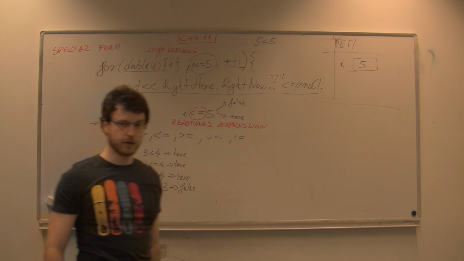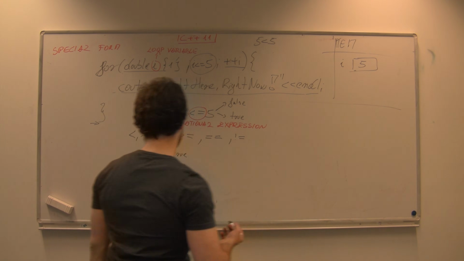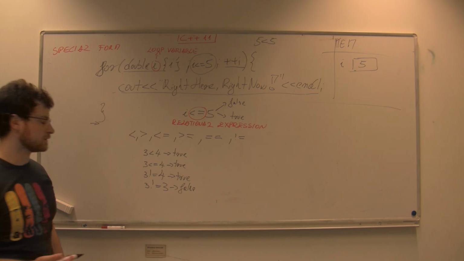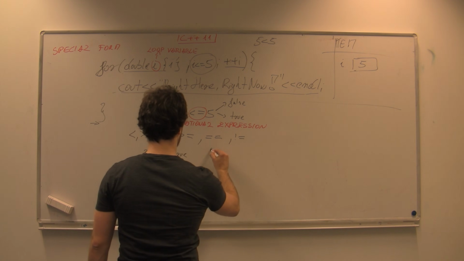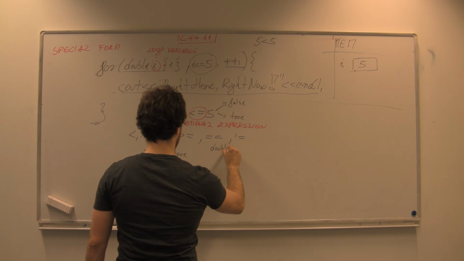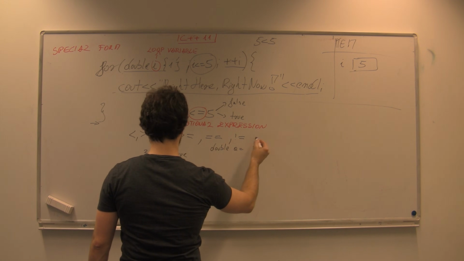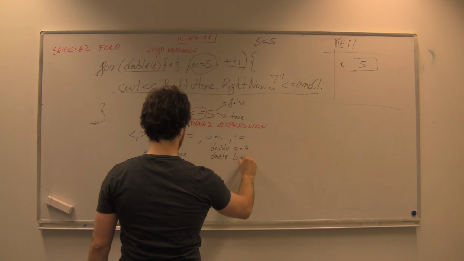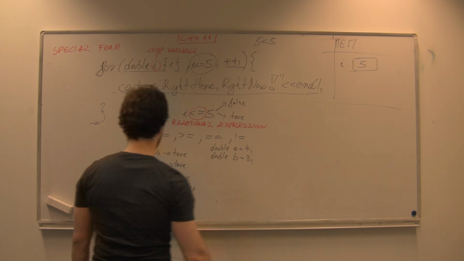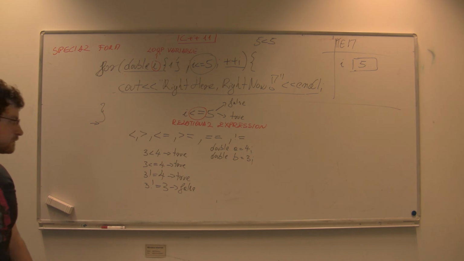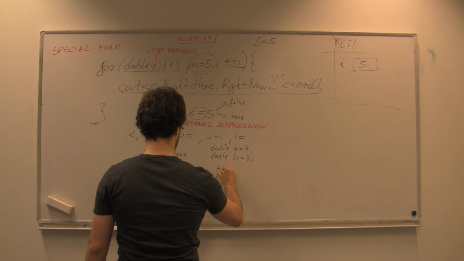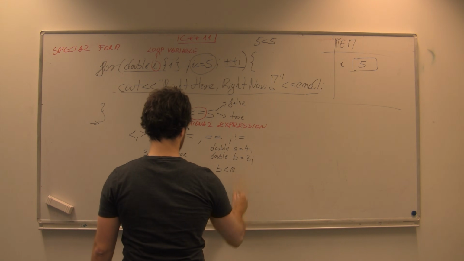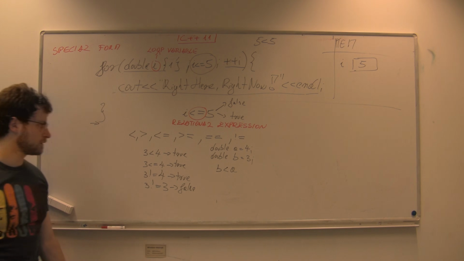Applying relational operators to variables is only slightly more complicated. So if we had variables double a equal 4, double b equal 3, I could write this: b less than a.